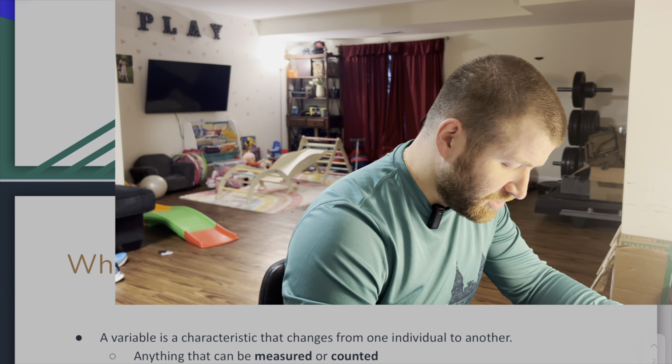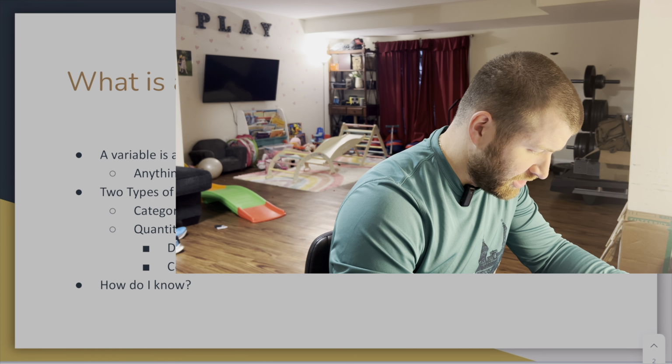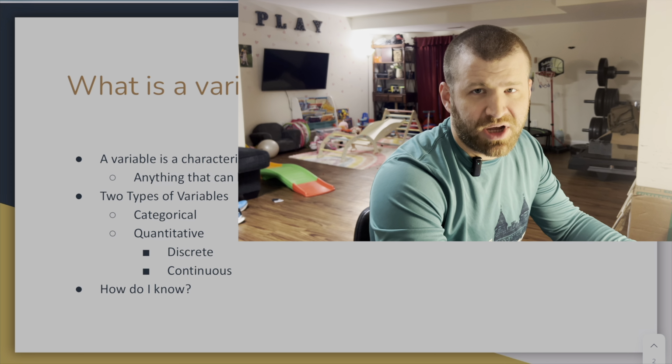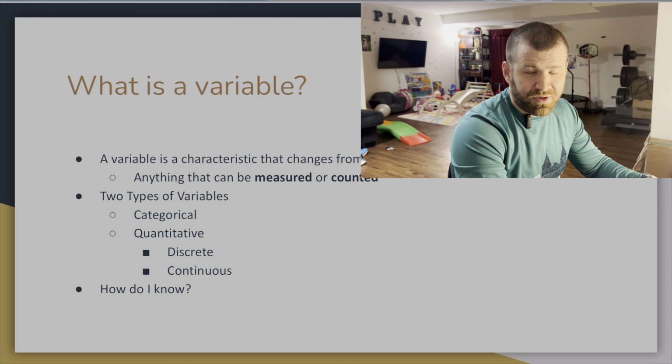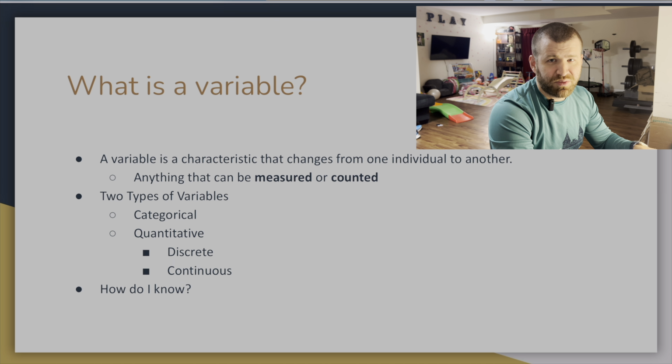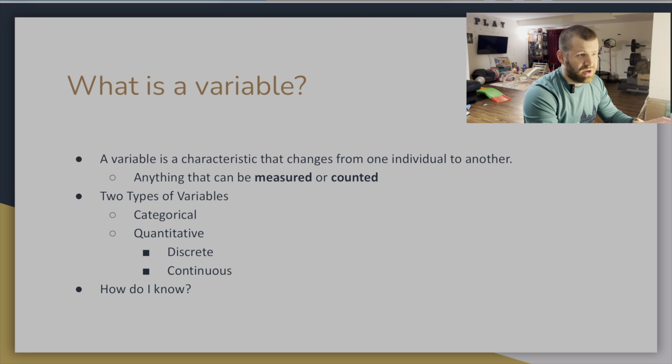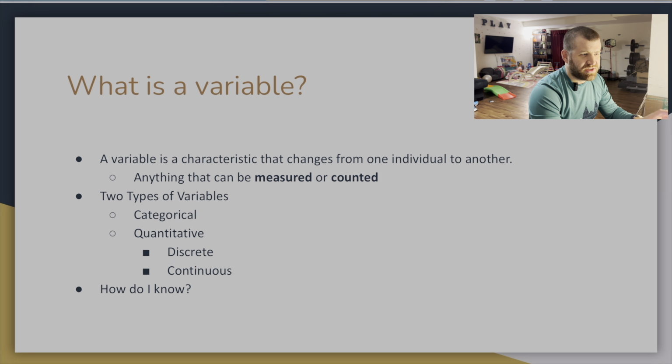So the first topic we're going to look at today is the very first subtopic from Unit 1, which is just what is a variable? One thing that's really, really important with this topic is that typically it is not tested directly on the AP exam.